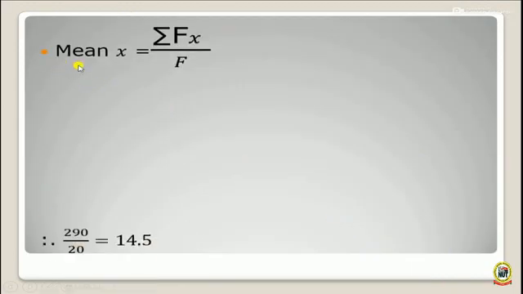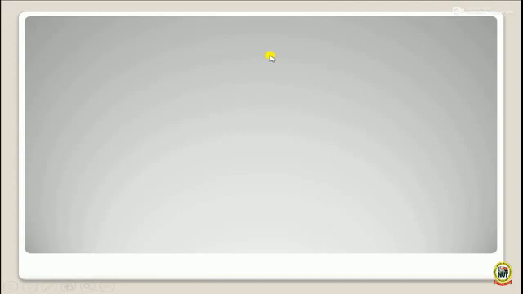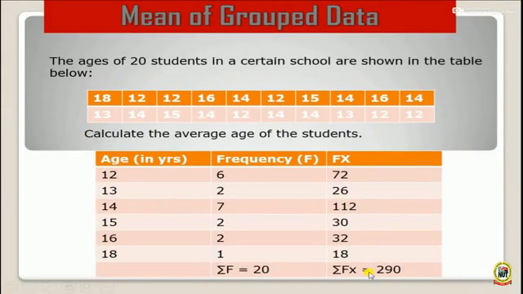Now recall that mean is equal to summation fx all over summation f. Remember, the summation of fx gave us 290, and summation f is 20. So we have summation of fx all over summation of f, and that will be 290 all over 20.